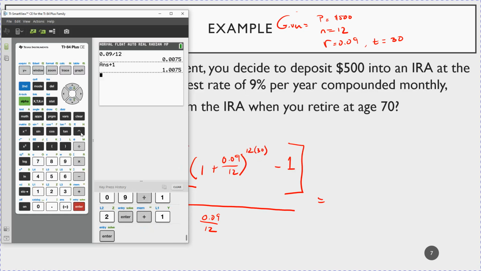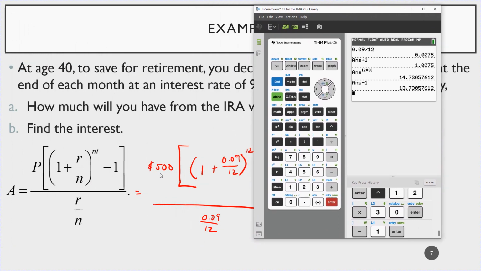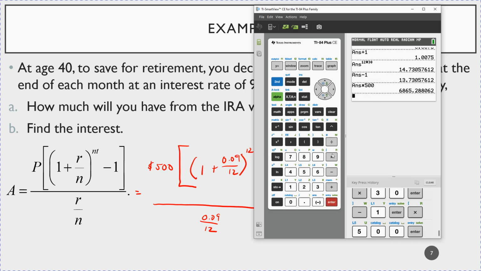Then raise that to the 12 times 30th power. Then subtract 1. Now I've finished everything inside the parentheses. I'm going to multiply that by 500, and then divide, and make sure you put in parentheses 0.09 divided by 12, and then close the parentheses.